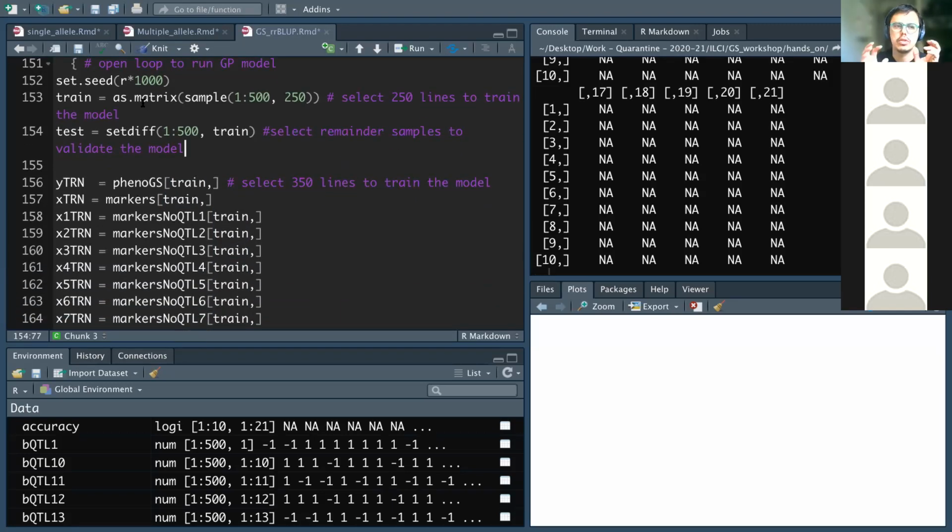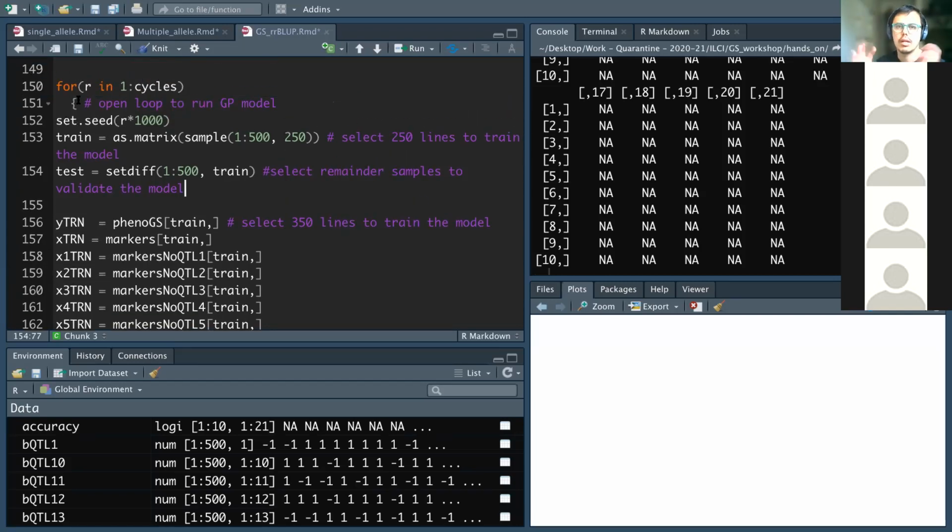So that is just gonna give you 2 data sets of numbers, and we're gonna select in the rows those numbers to run the model to estimate the allele substitution effect, and then the remainder of the samples are gonna be used to estimate the prediction of the model.